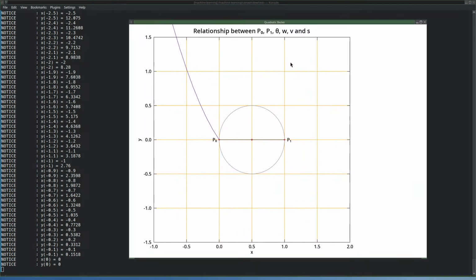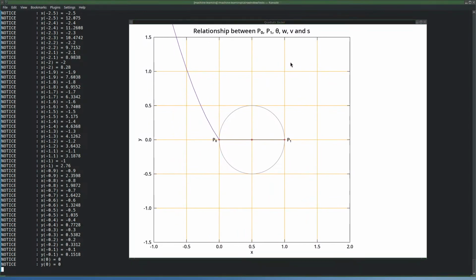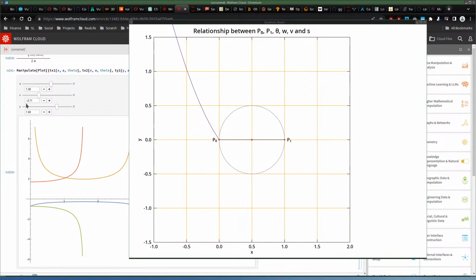And the xy point was minus 0.71, so that's about here. And 1.68 up here, I guess. Again, this is the point here.